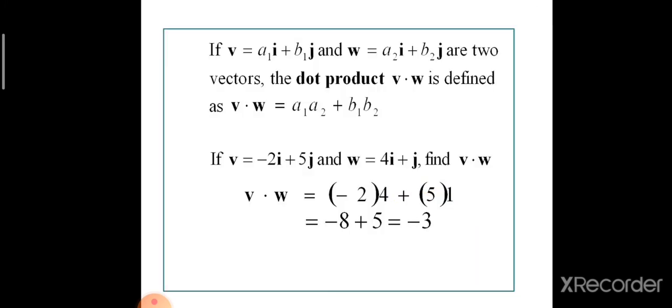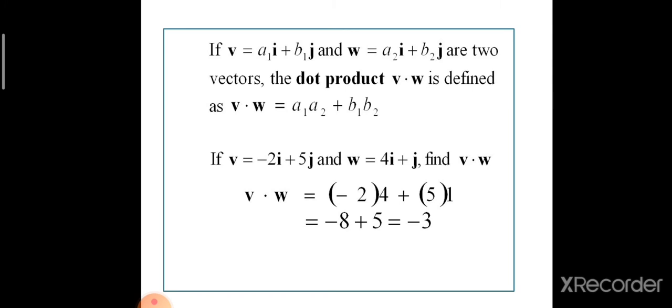Suppose vector V is of the form A1I plus B1J and vector W is of the form A2I plus B2J, then as we had discussed earlier, V dot W will be A1 A2 plus B1 B2.